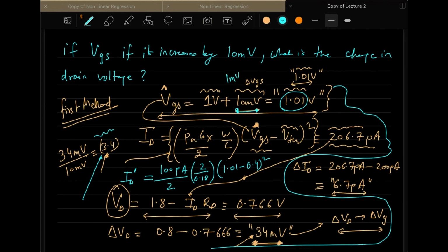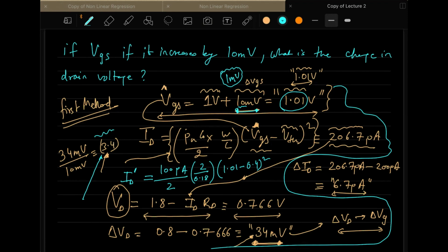Right now it's 10 millivolt, and even if you change VGS by 1 millivolt, again you have to do all this calculation, which is very tedious and consumes a lot of time because you are doing all this multiplication. So is there any smarter way of doing it? If that is there, then we should resort to that method instead of this method.